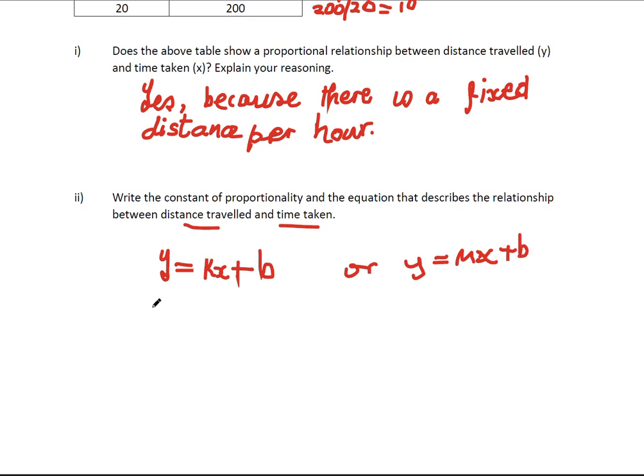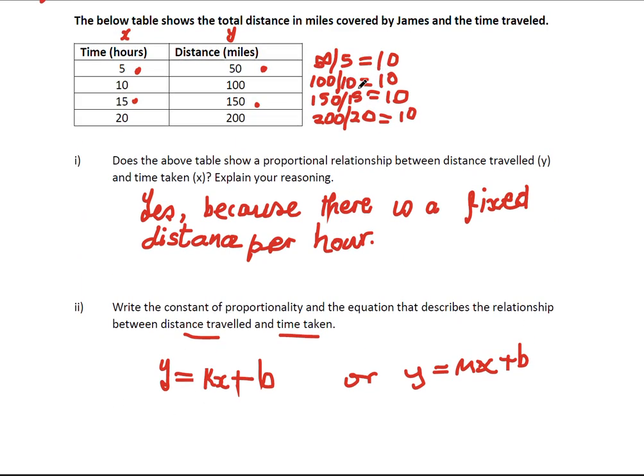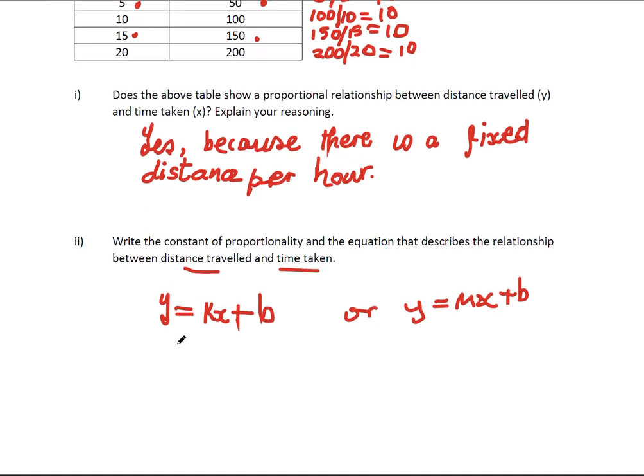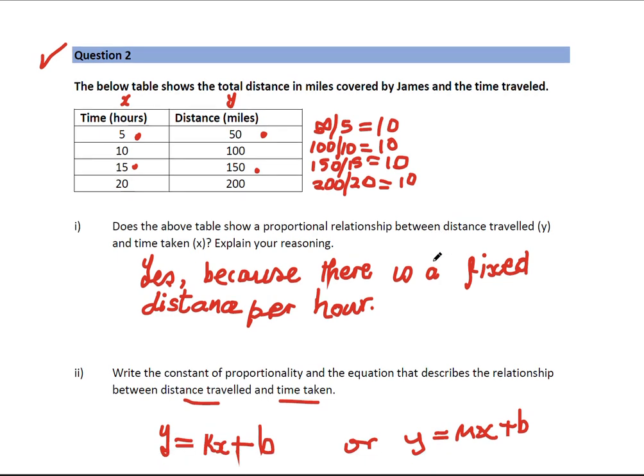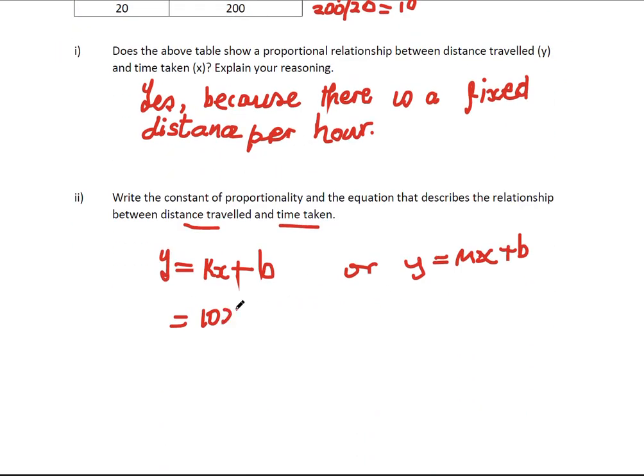So in this case, we already know the value of k. k is 10, which is the constant ratio of distance to time, as found earlier here. It's just found by dividing y by x, as I pointed out earlier. So in each case, y divided by x gives us the same value of 10 throughout the data set. So this will be 10x. Now because it's a proportional relationship, the y-intercept we know is going to be 0. So the equation is just y equals 10x, where k is 10.